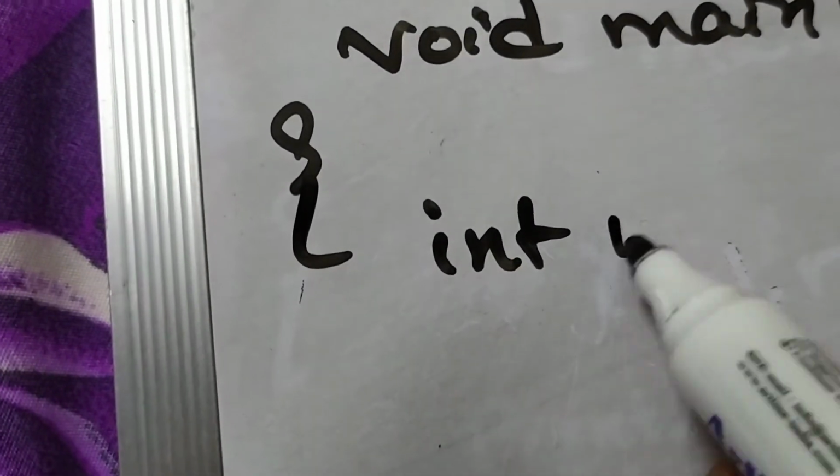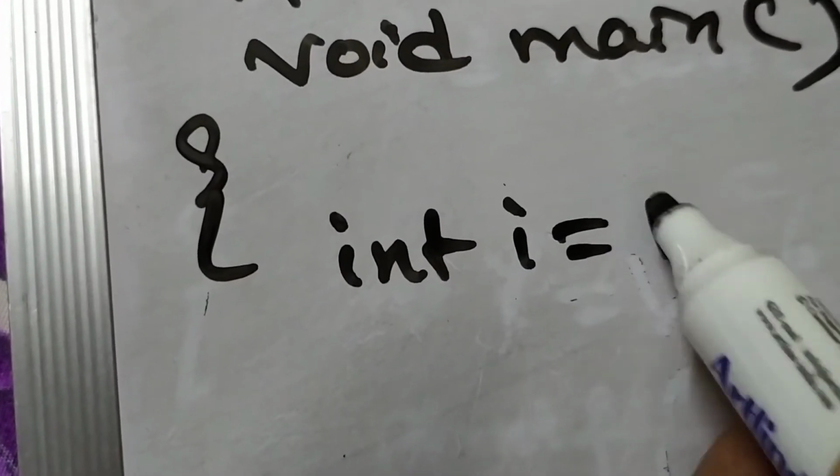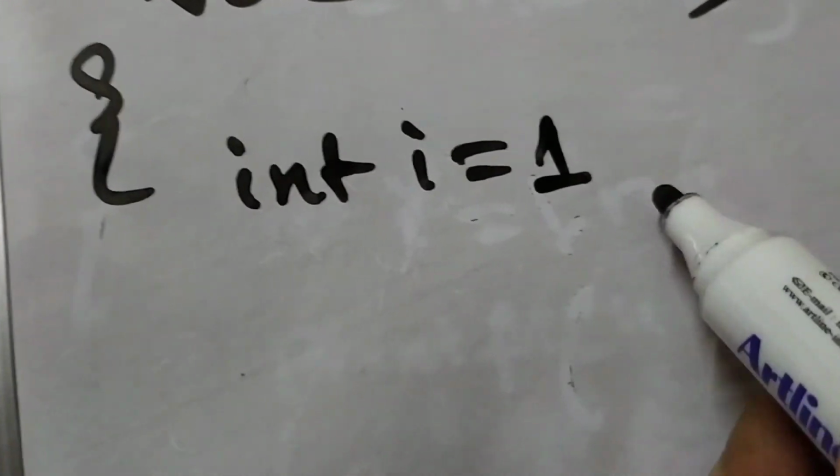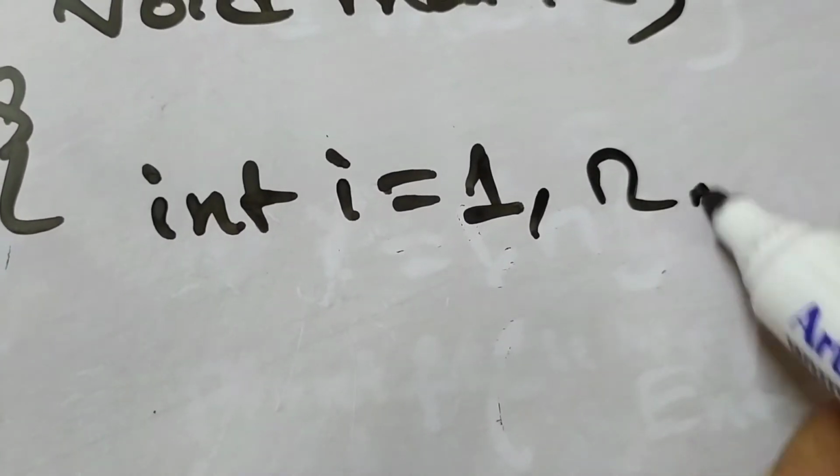I am taking the integer i and assigning 1 to it, that means it will start from 1, and I am also taking a variable n.